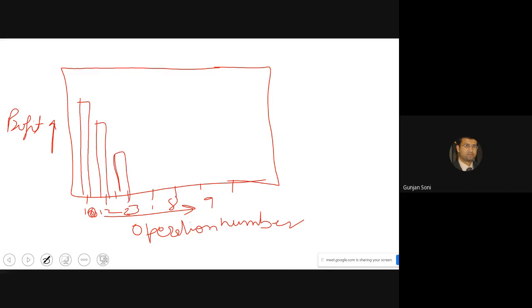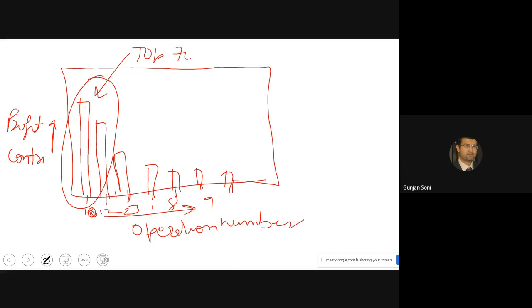So we take the profit contribution of each operation, arrange them in descending order, and then zero down on the top 70% operations. This could be one of the techniques. It is called a Pareto chart.